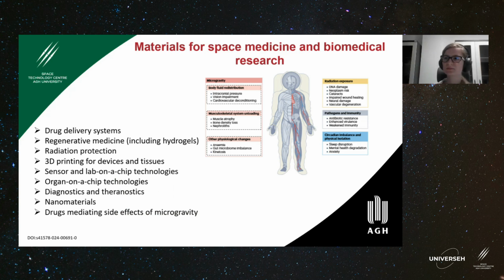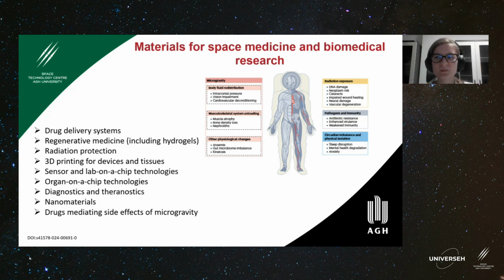Another aspect that must be developed is materials for space medicine and for biomedical research. And that should include drug delivery systems, because while, for example, the International Space Station is equipped with some drugs, it's still a tiny fraction of types of drugs that are available on Earth.